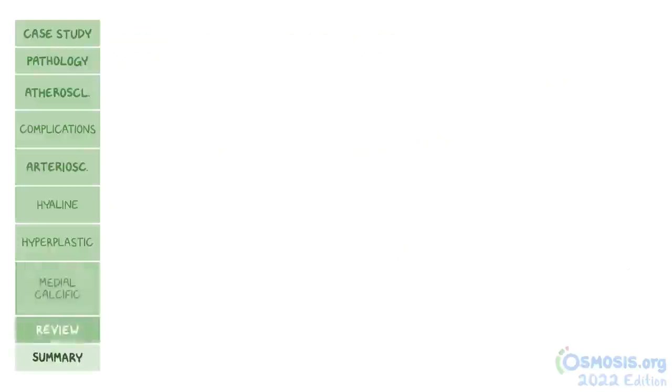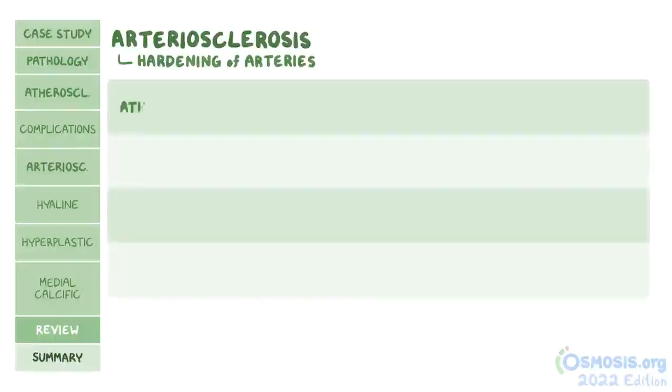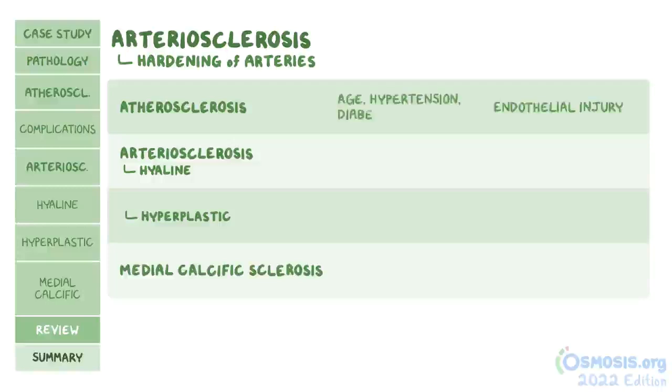Okay, to review, arteriosclerosis is hardening of the arteries and has different subtypes, including atherosclerosis, hyaline and hyperplastic arteriolosclerosis, and medial calcific sclerosis. Atherosclerosis results from endothelial injury secondary to risk factors like age, hypertension, diabetes, and tobacco smoking.